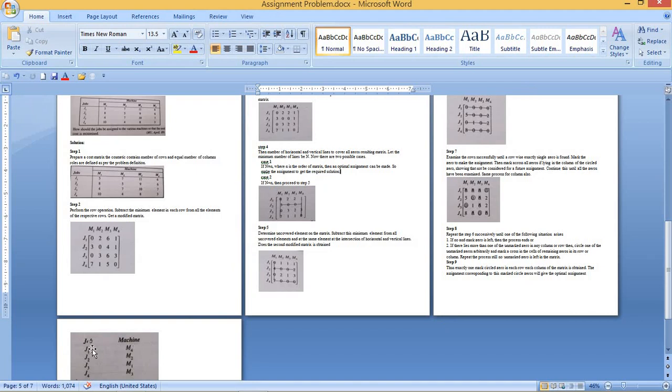J1 is assigned to M4, J2 is assigned to M2, J3 is assigned to M1, and J4 is assigned to M3. So the value of J14 is 6.